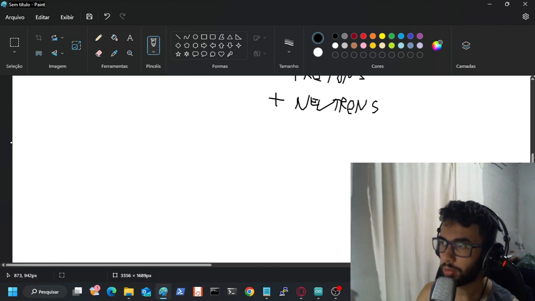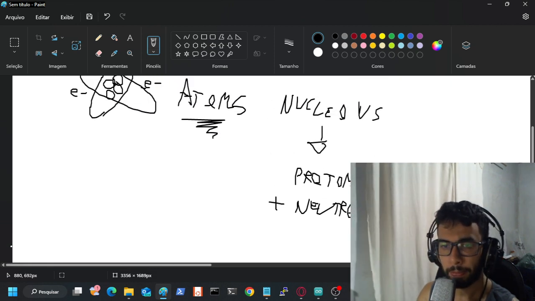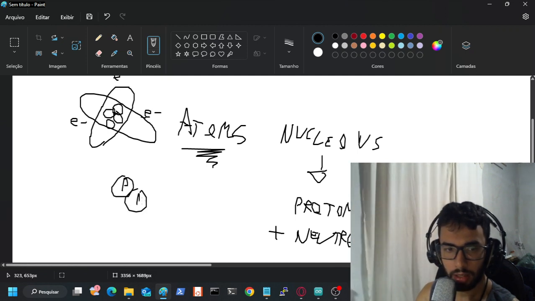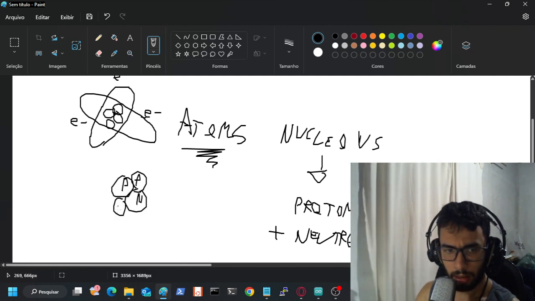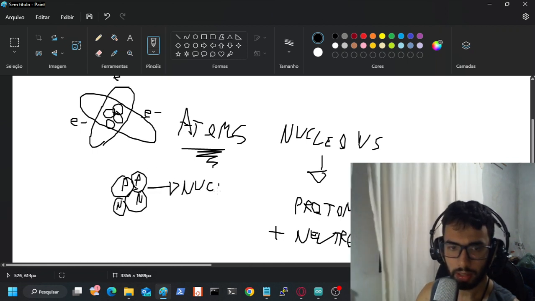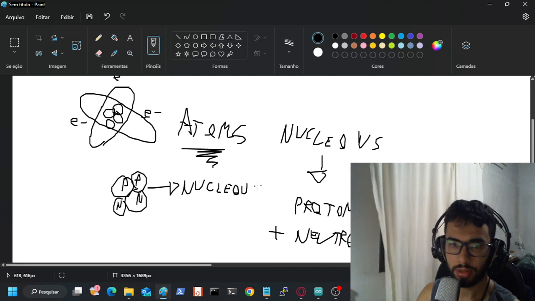Protons and neutrons are together in a nucleus.